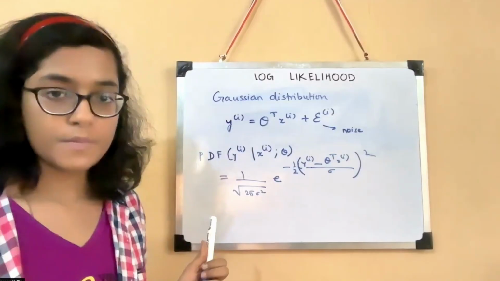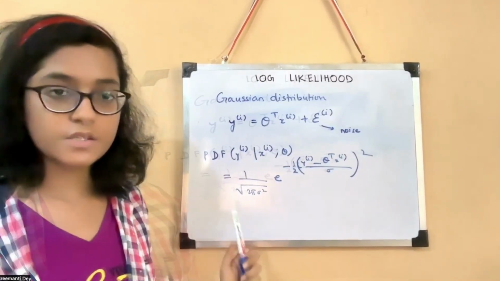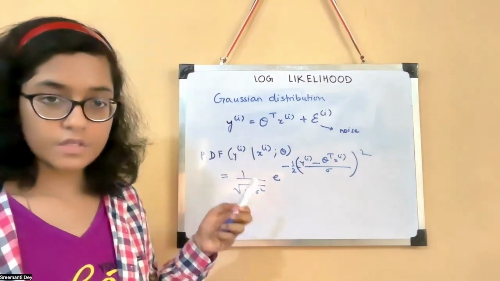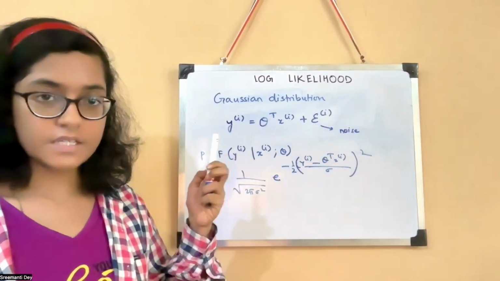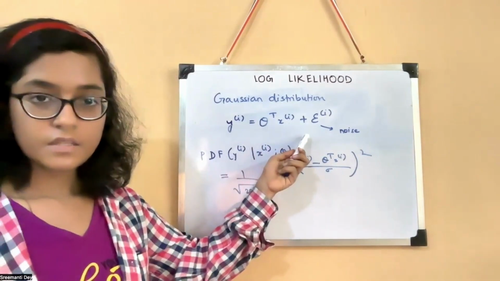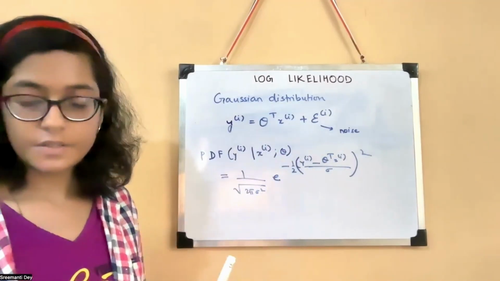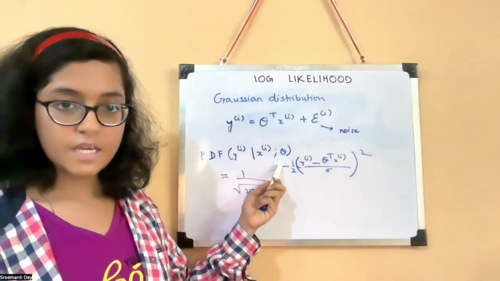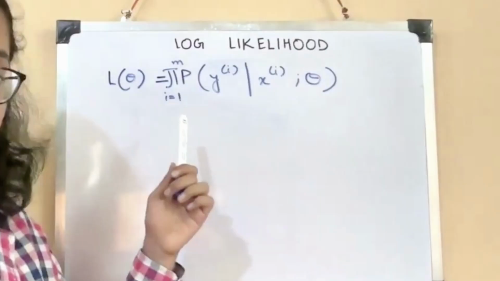If you remember this one, try to remember this. Now what we'll do is something different. This function that you have right here is this noise, right? And this is actually the one that we wrote right now, the function for likelihood. So now I will use log likelihood. Why?